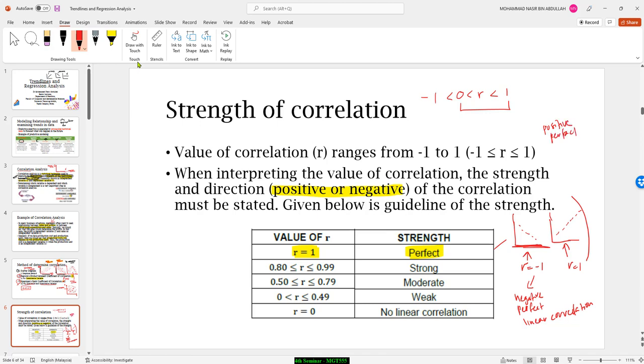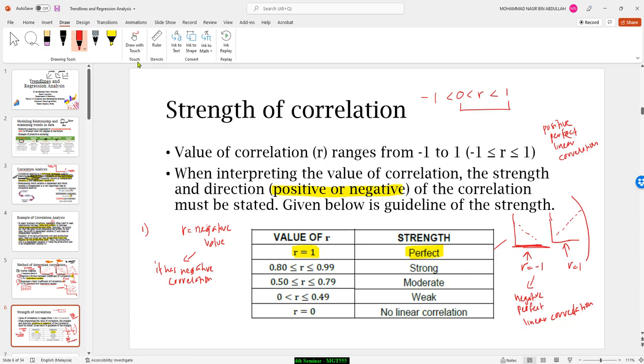And this one should be positive perfect linear correlation, right? So remember, kat sini I ignore dulu the negative sign and positive sign. So number 1, if R is a negative value, it means that it has negative correlation, right?